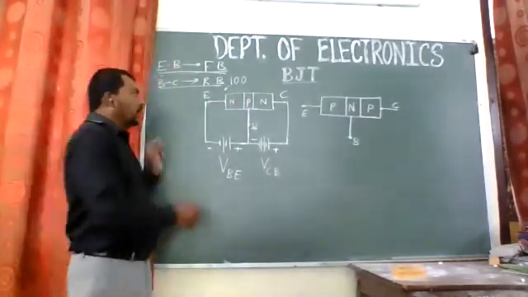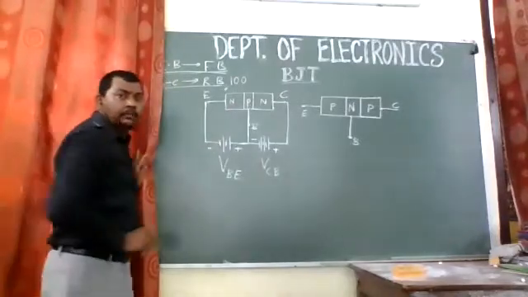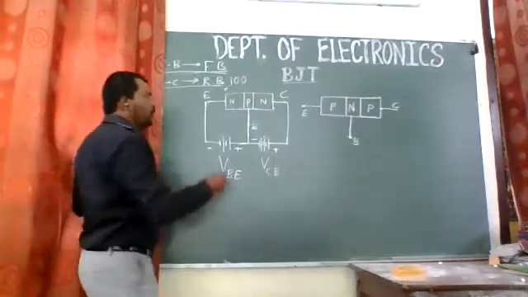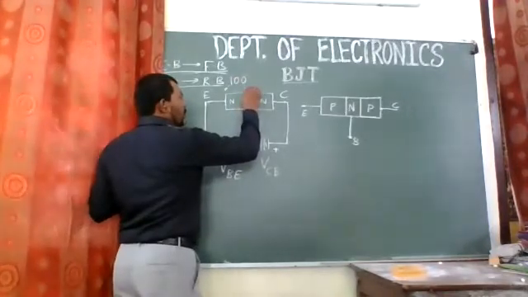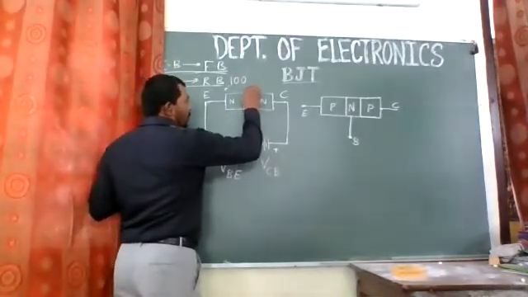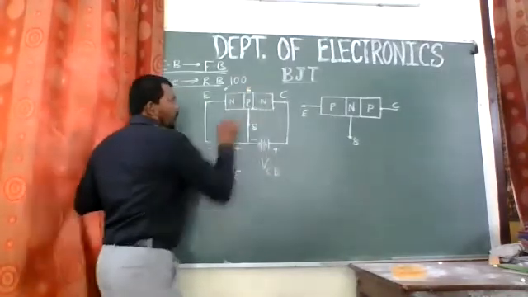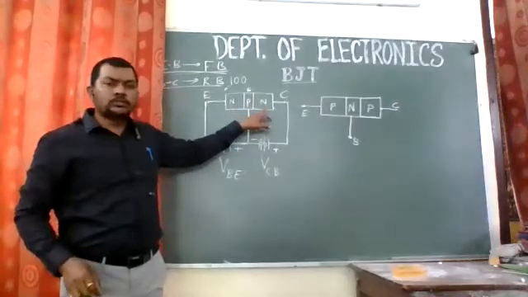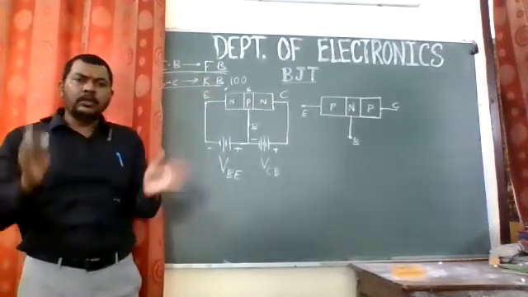Now, for the P type, I have told you that it is very lightly doped, so let us take a number like 5 holes over here. And this is moderately doped, so it should be in between.